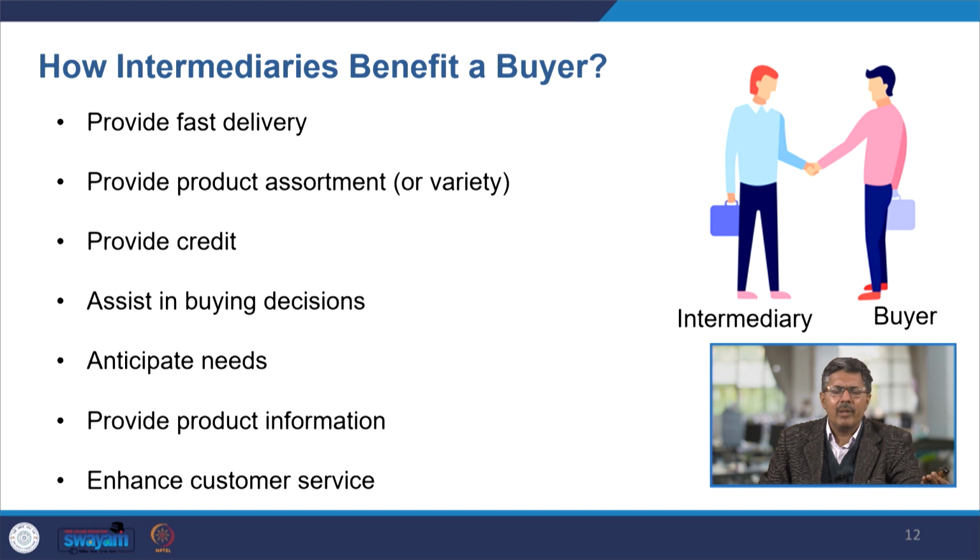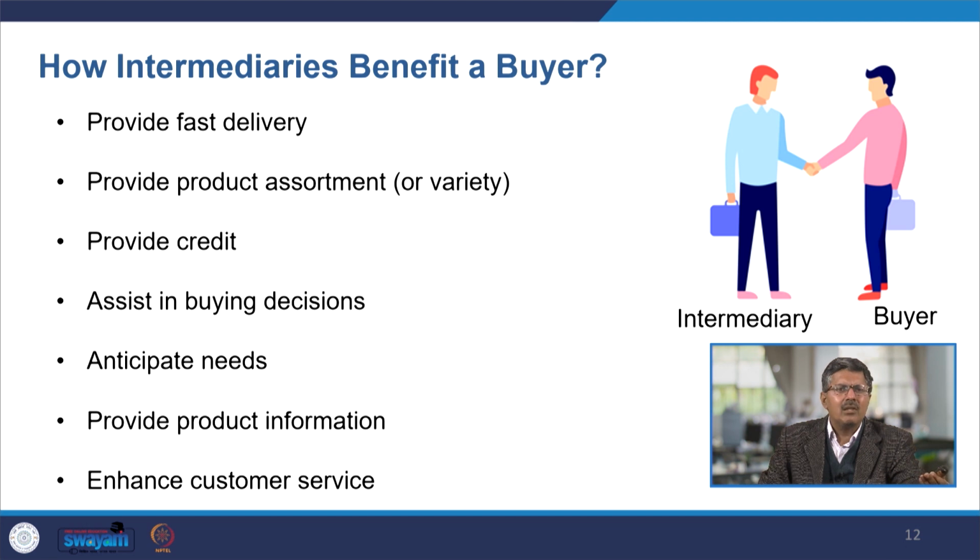So, some customers may get the products fast, some may not. When those customers do not get the product on time, it is a problem for them. So, here the intermediaries come to their rescue. Since the intermediaries are people who are close to them, in their own local place, they can get a faster delivery.